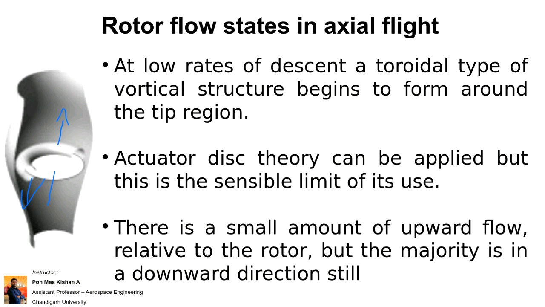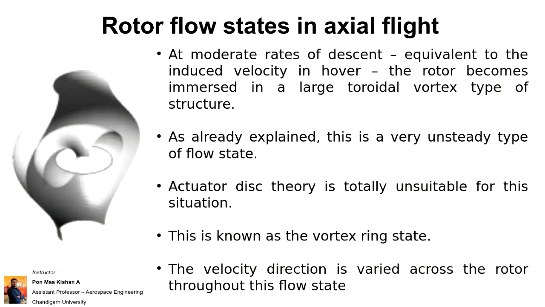Then, if the rate of descent increases, we get a moderate rate of descent. Let's consider 10 meters per second as low and 25 meters per second as moderate. You can see how the vortex structure is formed and generated.